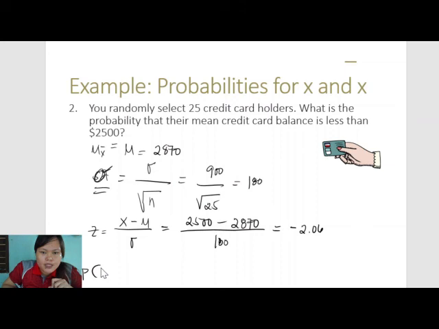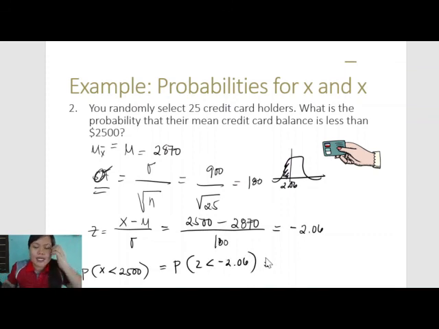Okay, so therefore, para malaman natin, balance less than 2,500. So, probability that x is less than 2,500. So, less than na naman yan. So, to the left na naman, less than. Is equal to probability that Z is less than negative 2.06.